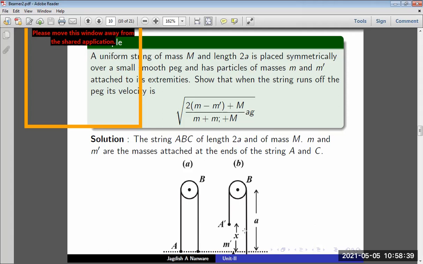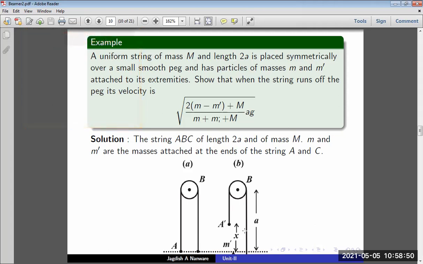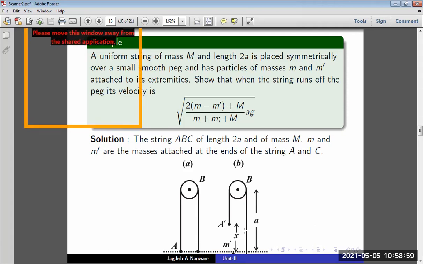Extremities means at the endpoints of the string. So show that when the string runs off the peg, its velocity is given by this formula. Let us see how to obtain this formula.